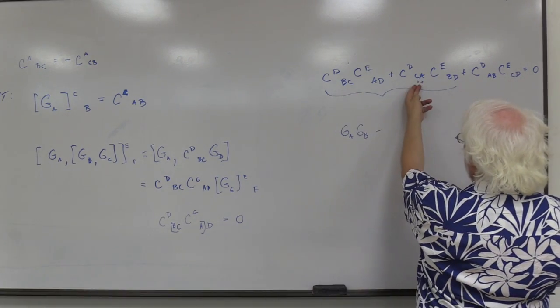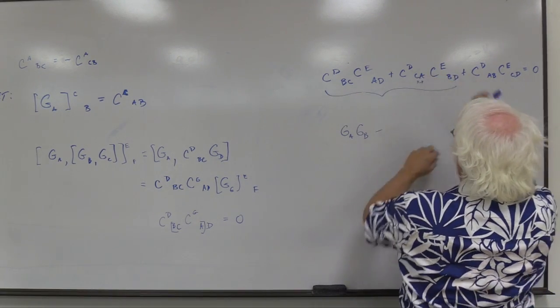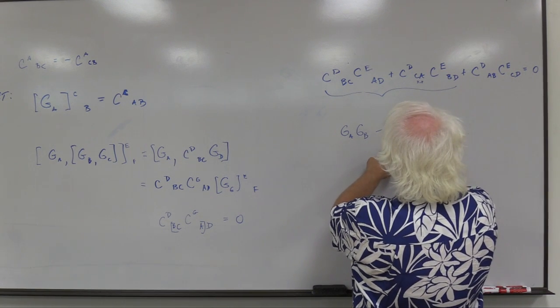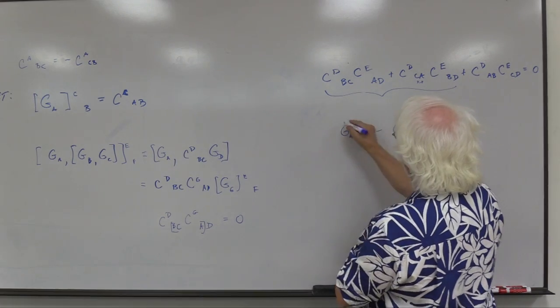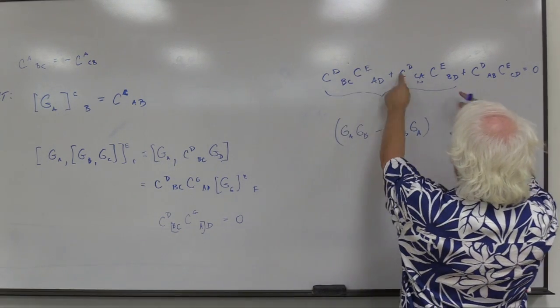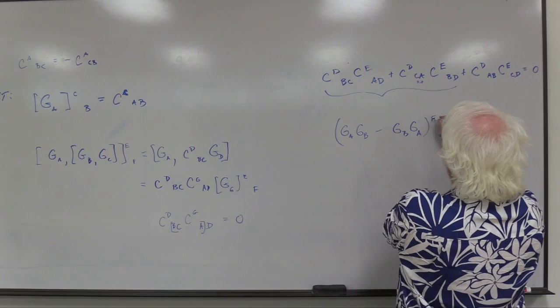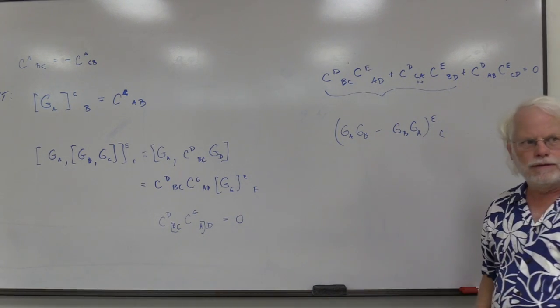If I flip this and interchange those, I can write this as G_B G_A. It's the commutator. If I interchange these, it's going to be the E, C component of the commutator. All right?